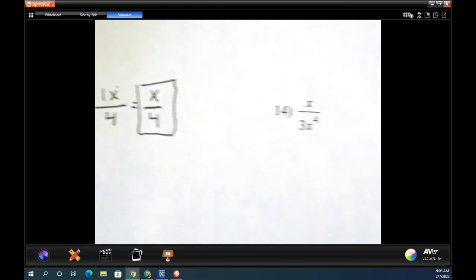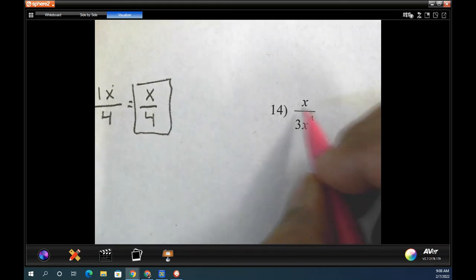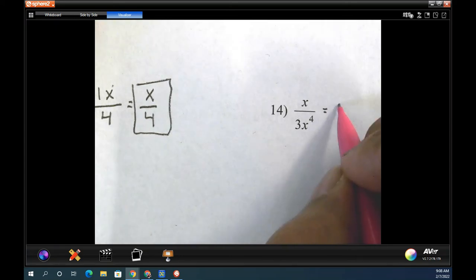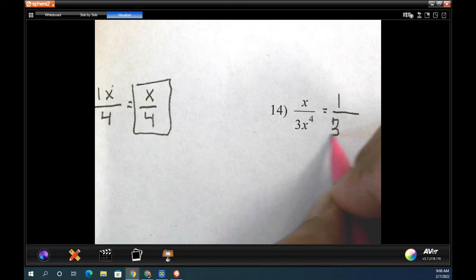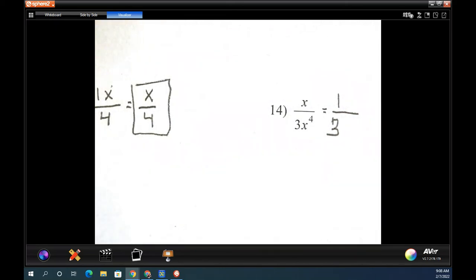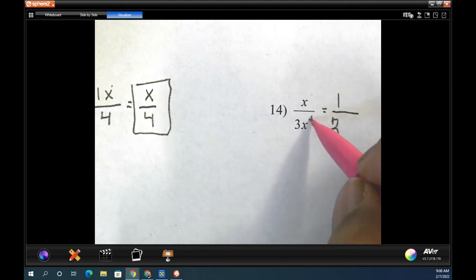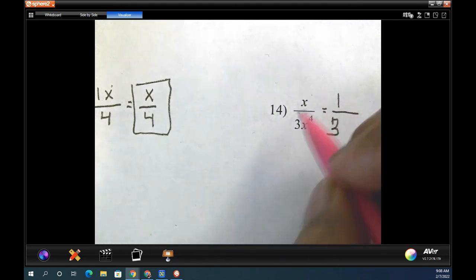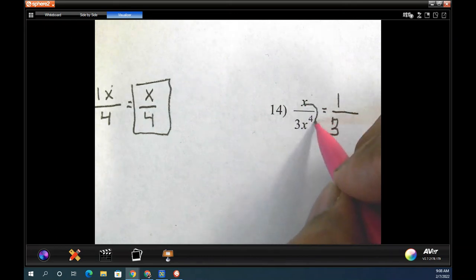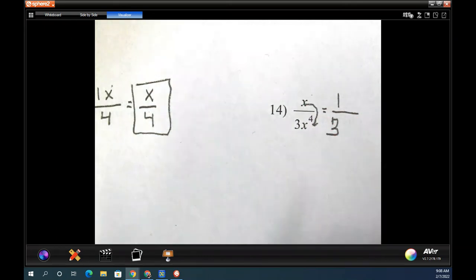Now look at number 10. Coefficient is 1. Handle your coefficients first. 1 over 3. Now, where's the larger exponent? Numerator or denominator? Denominator. So we need to move this one down here.